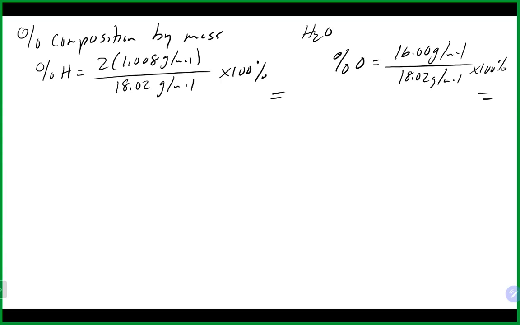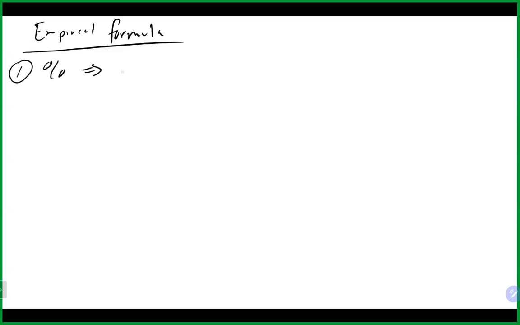So there are several steps that we follow to calculate something like the empirical formula. To get to the empirical formula, if we are given the percentages, we could assume 100 grams, because basically what that does is obviously convert the percentages into the same numbers.